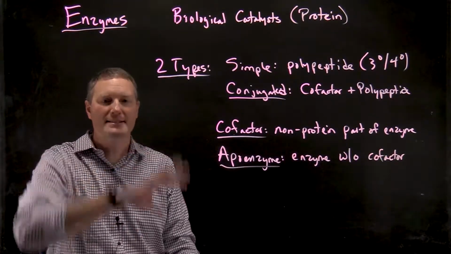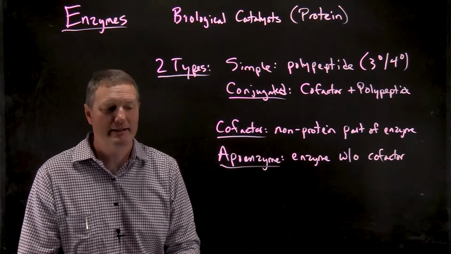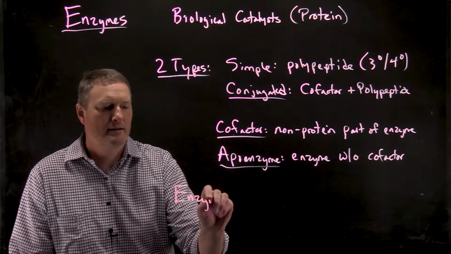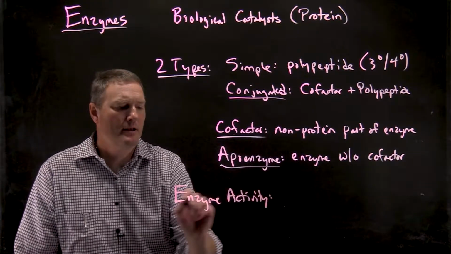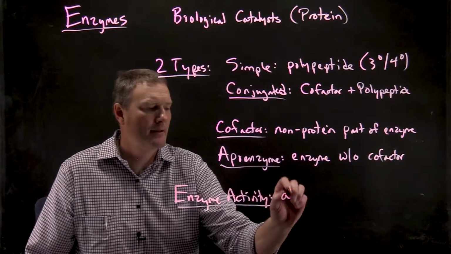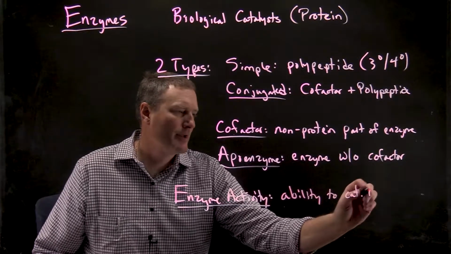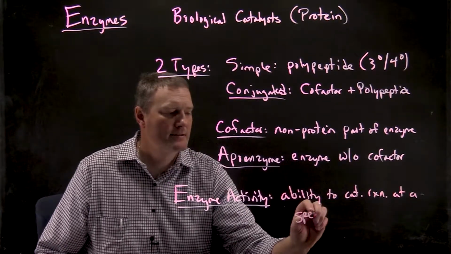So when we talk about enzymes, and you've heard me use this term before, activity. So enzyme activity, let's just define that. Enzyme activity is essentially the ability to catalyze a reaction at a specific rate.